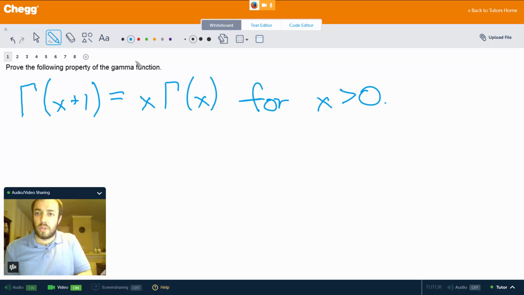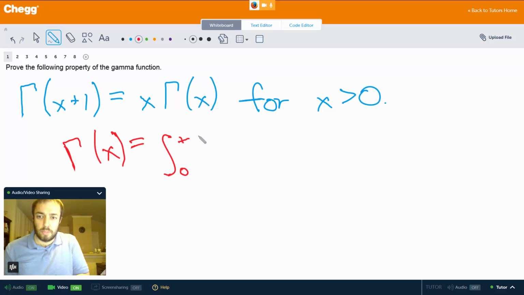So recall the gamma function is defined to be gamma of x equals the integral from 0 to positive infinity of t to the x minus 1 e to the minus t dt.